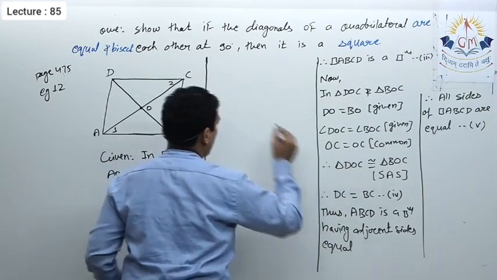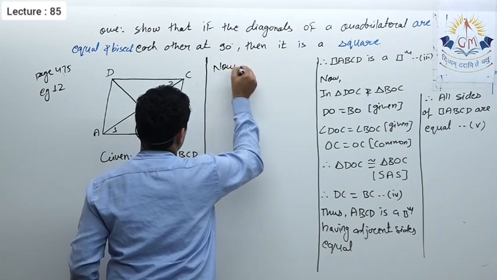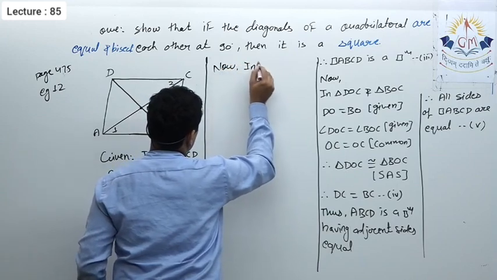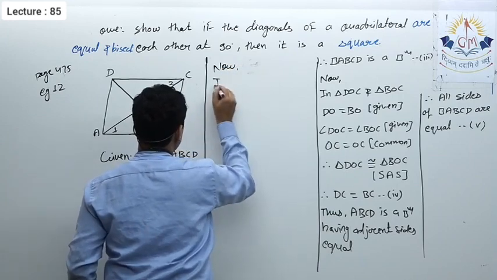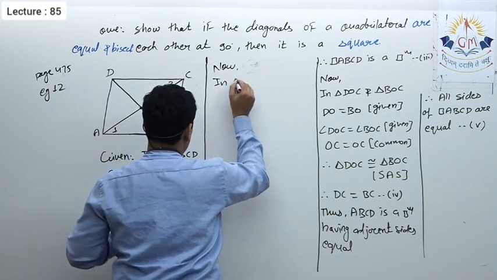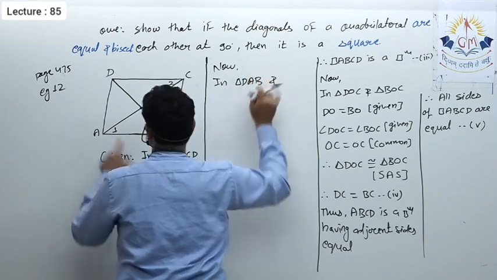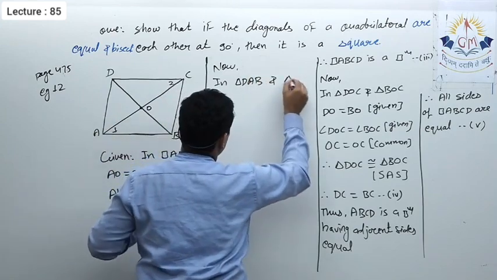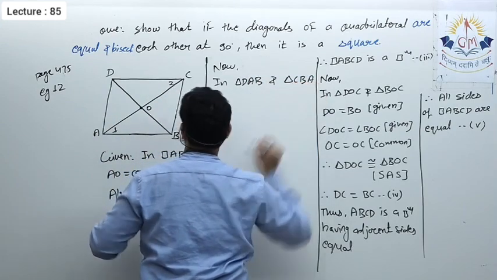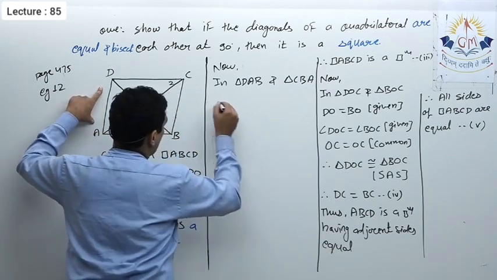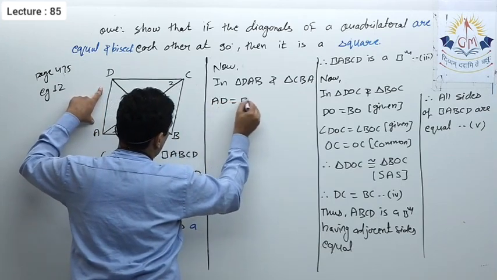After this, in triangle DAB and triangle CBA, AD equal to BC.